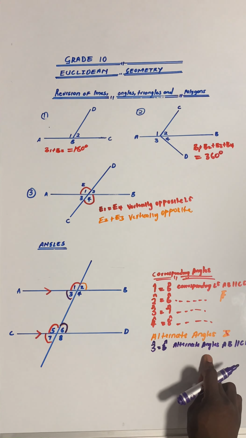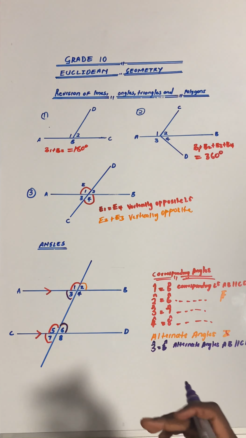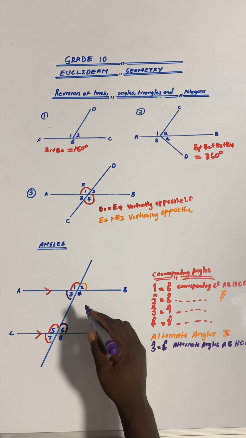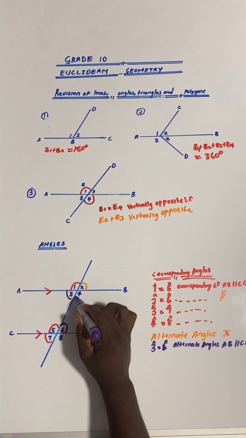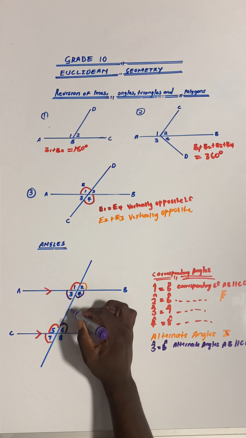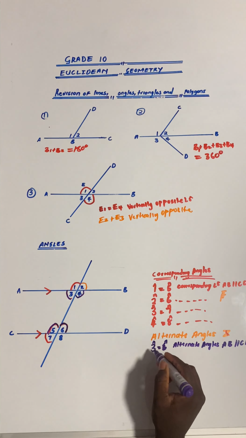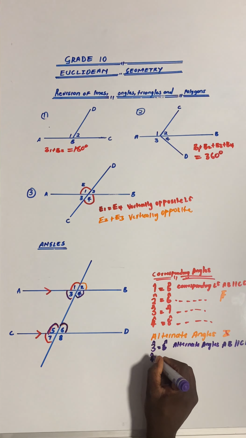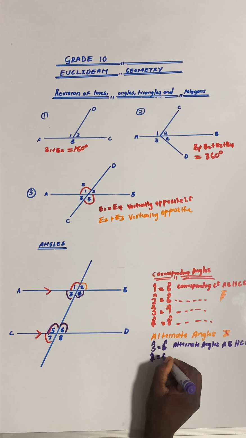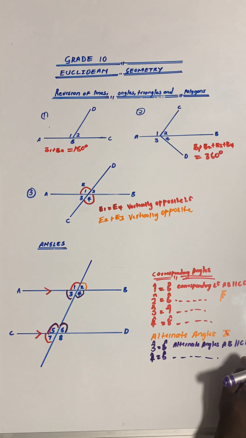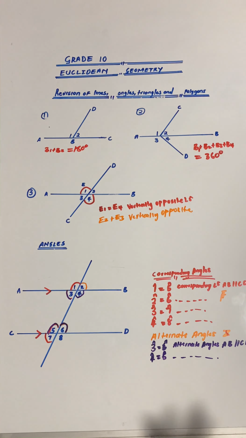Let us check which other alternate angles we have. If I focus on 4 here, forming a Z shape with 5, angle 4 equals angle 5. Why? Alternate angles, AB parallel to CD. Nothing more, nothing less.